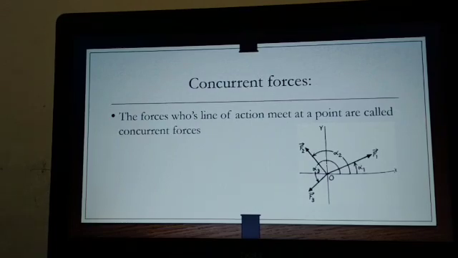So in the practical class, we will practice these concurrent forces with the help of an experiment. So remember what concurrent force is: concurrent forces are the forces meeting at a single point. That is concurrent force.